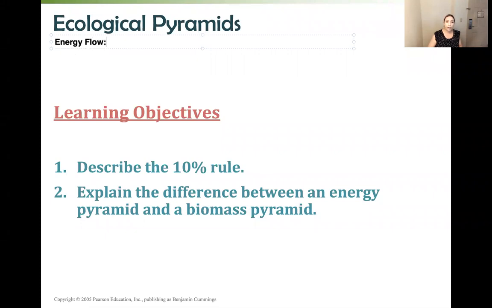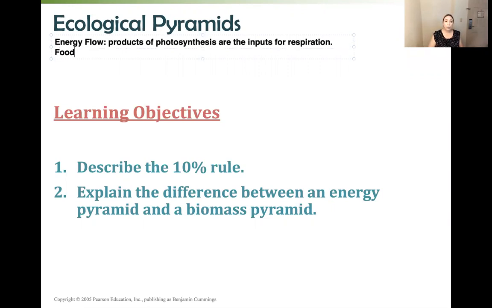So I'm going to write here, products of photosynthesis are the input for respiration. Okay, and it goes the other way as well, right?